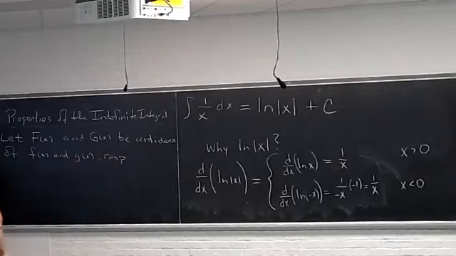I always thought that respectively was redundant in that case because order should be assumed. But I'll write it here. Let F and G be antiderivatives of f and g, and let k be a constant.